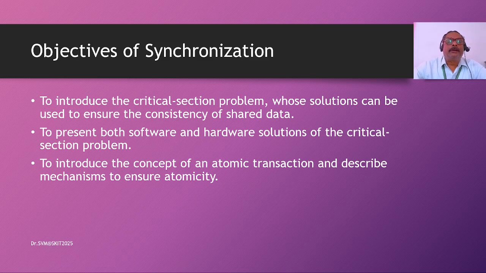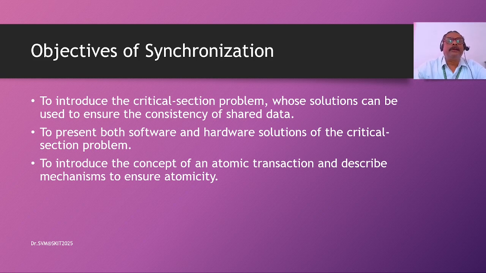So what we need to do is, once a process enters a critical section, we should ensure that none of the other processes are allowed to work with the same critical section. That means the critical section should be executed in an atomic way. That means either it is completely run or none of it is run.